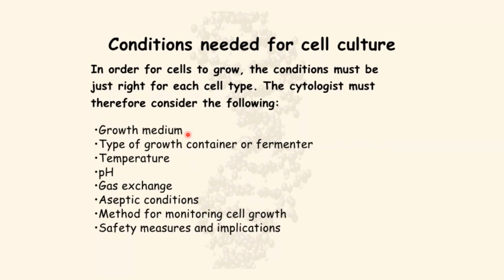And some methods of monitoring the cell growth depend on the type of culture, the type of goals. You have these cell growth monitoring strategies and safety measures and applications, because you do not want to spread your cells all around. You cannot flush them out.